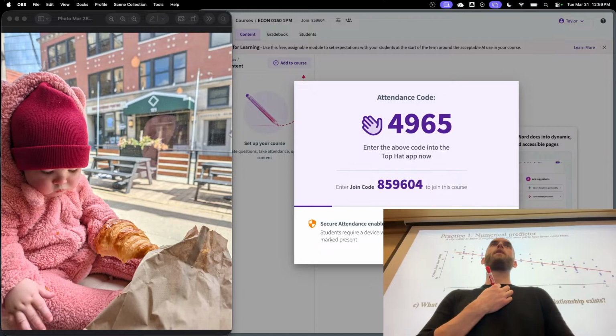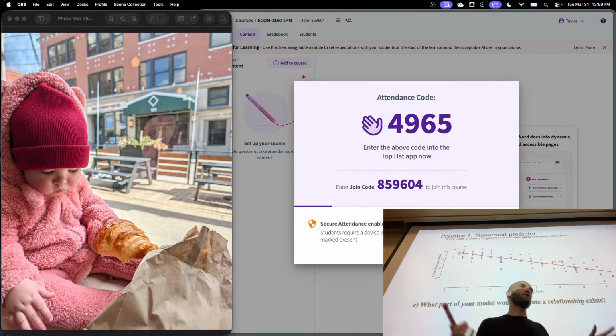Okay, someone want to give me a nice little answer? Anthony. It's beta 1 because that's the slope. So beta 1 is our slope coefficient. It tells us whether the slope, which is the relationship, is 0.